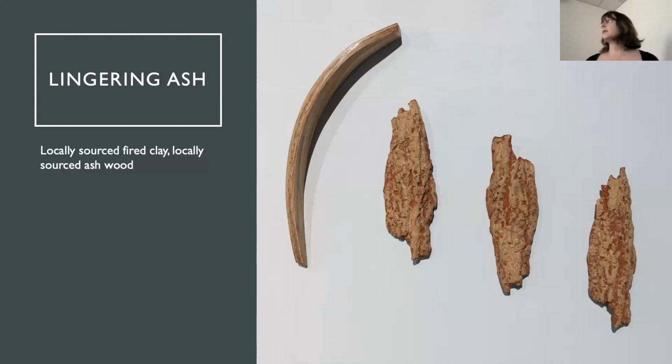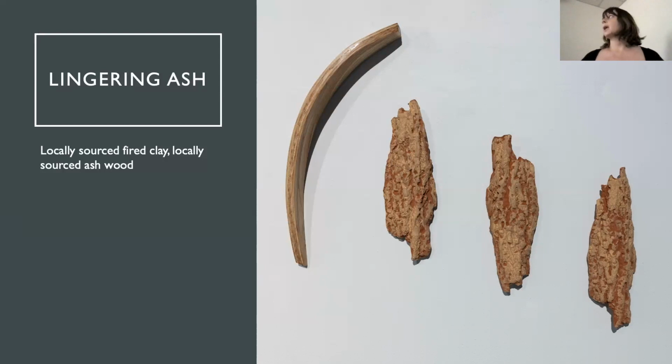Also about loss, this piece called Lingering Ash. So there's a wood piece to the left there, and then there are 3 clay pieces, and this is hung on the wall. The clay pieces are press molded from a bark mold that I made from bark that I got at the field station. It was some ash bark that had delaminated from this tree. And then the piece of wood is also ash wood that was sourced locally.